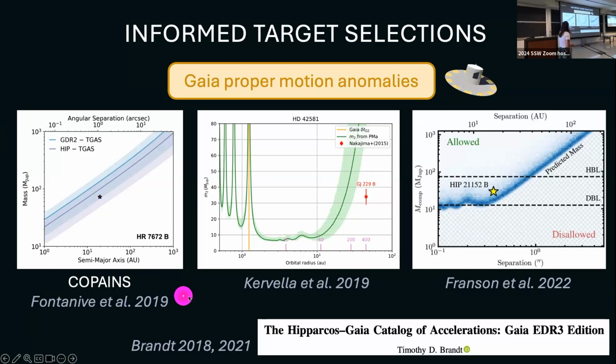Multiple teams have started around the same time trying to use, for example, Gaia proper motion anomalies, Gaia accelerations, to try to predict the sort of masses and separations that could be compatible with the Gaia trends, and try to decide if it's worth going after this star with direct imaging. And that has led to quite a few detections.